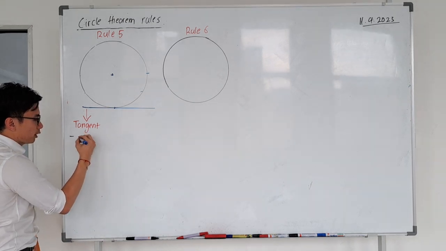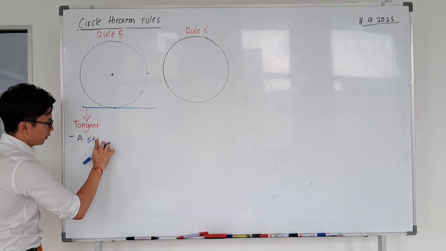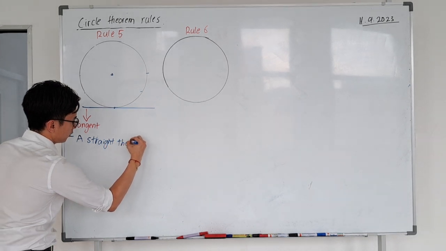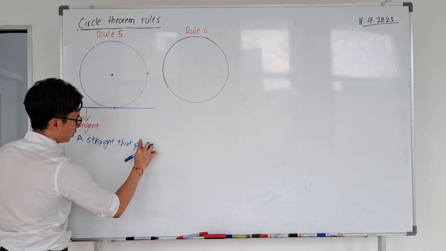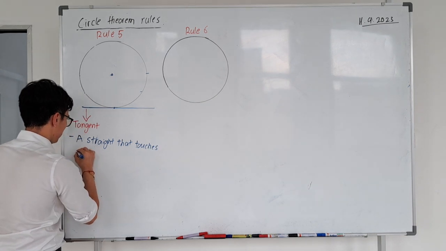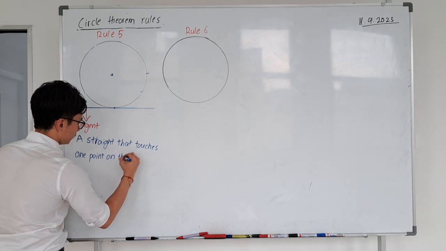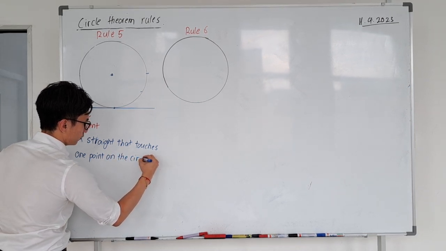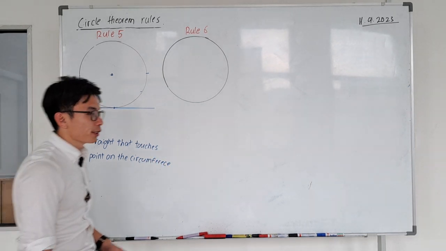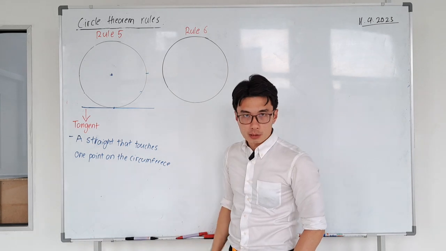For a line to be a tangent, it must be a straight line that touches one point on the circumference.